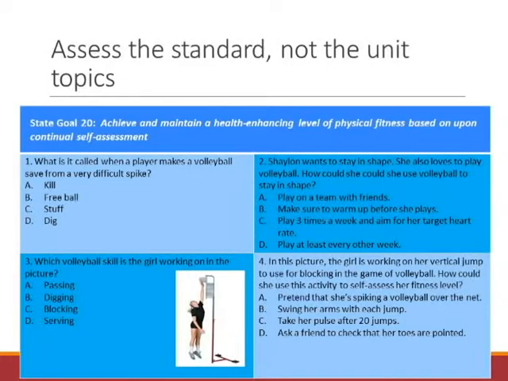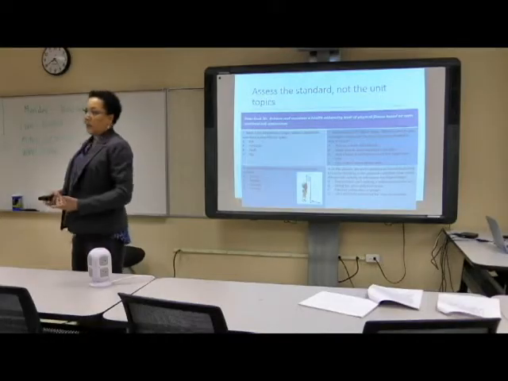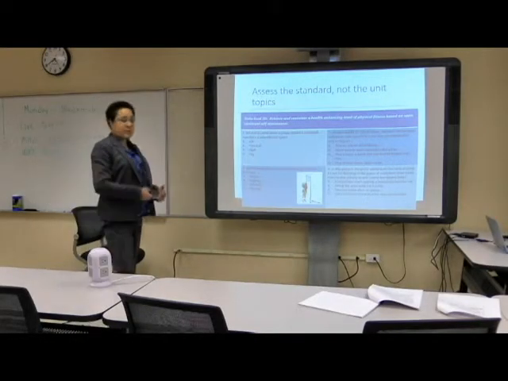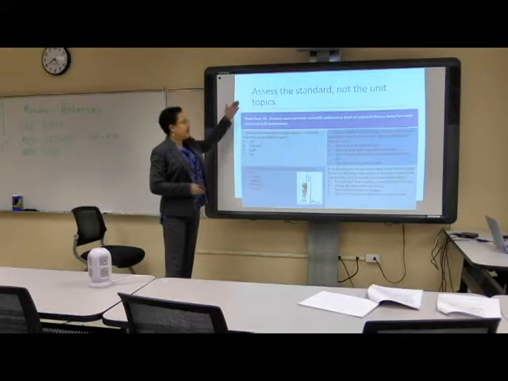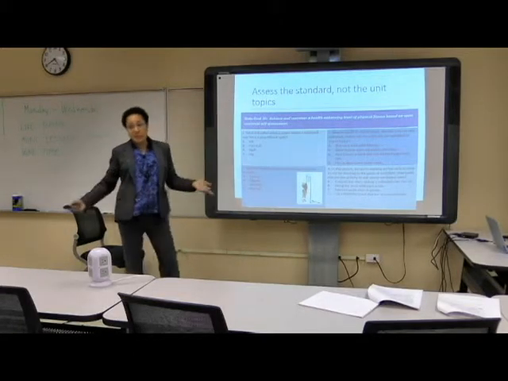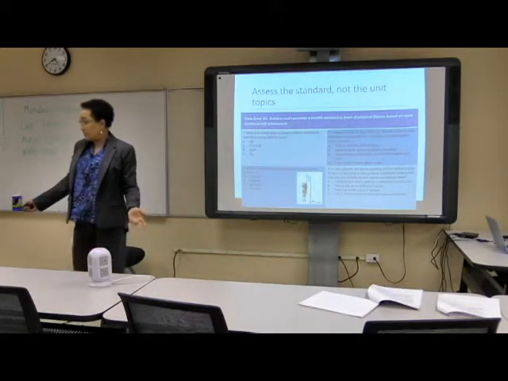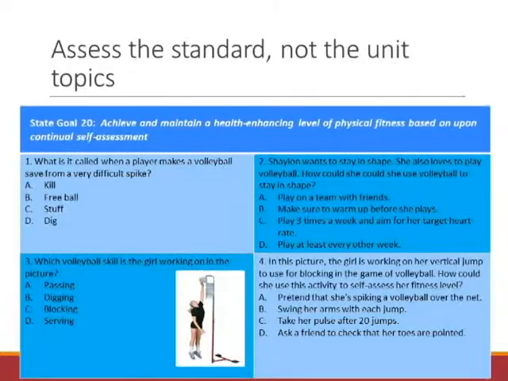So let's talk about the assessment itself. If we're addressing standards of significance, we want to make sure that the items we're using on the assessment are actually assessing the standard, not the unit topic you happen to be on at the moment. So in this particular example, this is state goal 20. It's a PE standard: achieve and maintain a health-enhancing level of physical fitness based upon continual self-assessment.